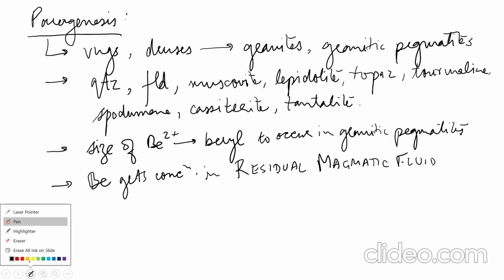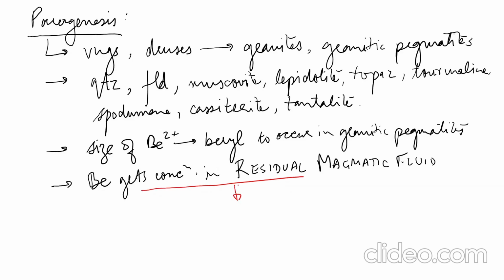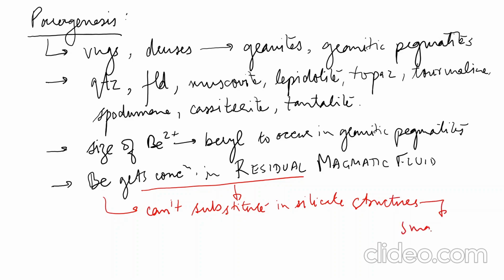This is because it can't substitute in silicate structures. And why is that? Because of its small size.